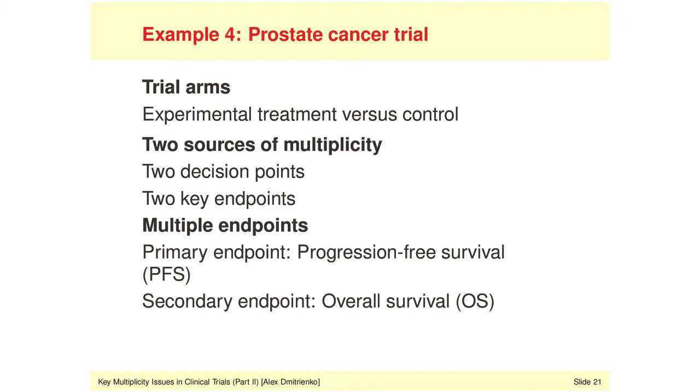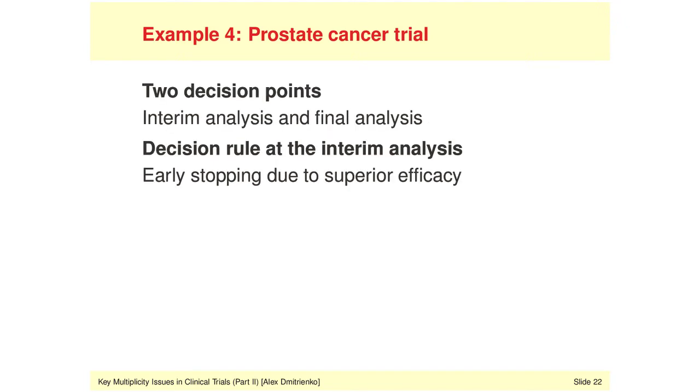The multiple endpoints shown at the bottom of the slide are progression-free survival, or PFS. It will serve as the primary endpoint in this trial, and a key secondary endpoint will be given by overall survival. The second source of multiplicity is defined on slide 22.